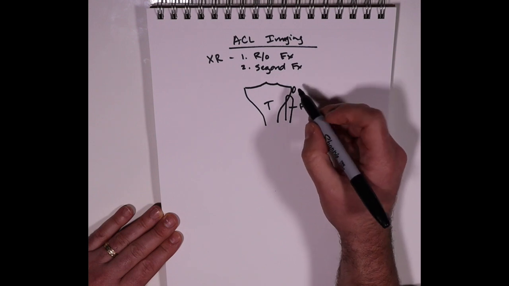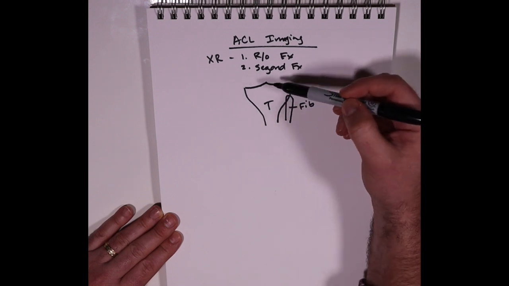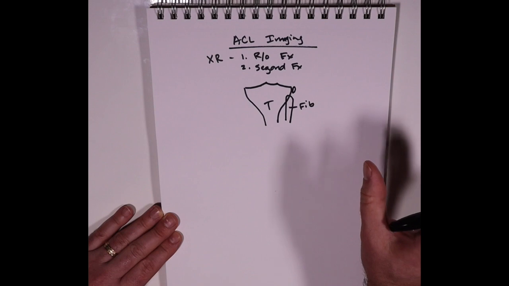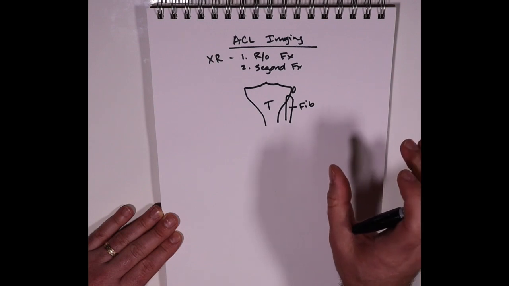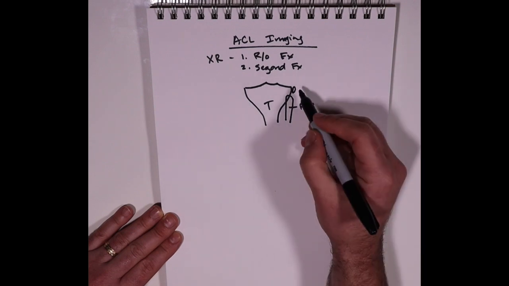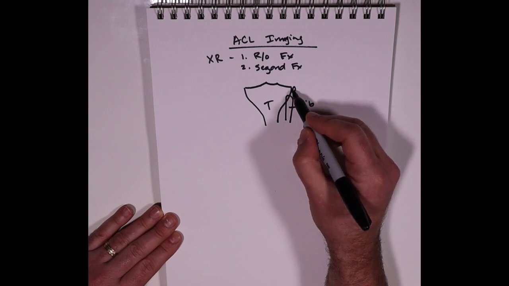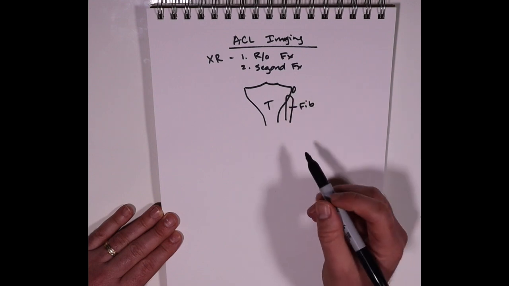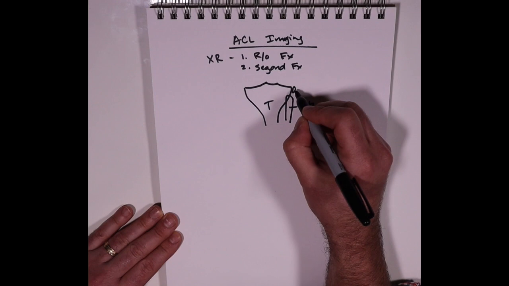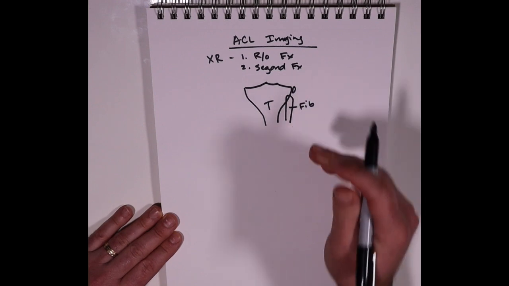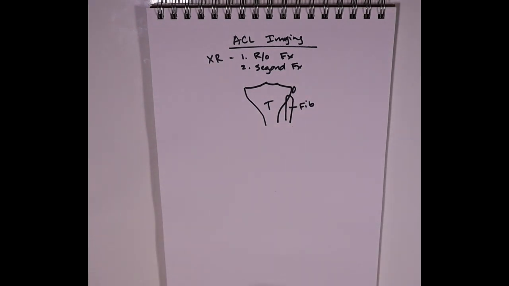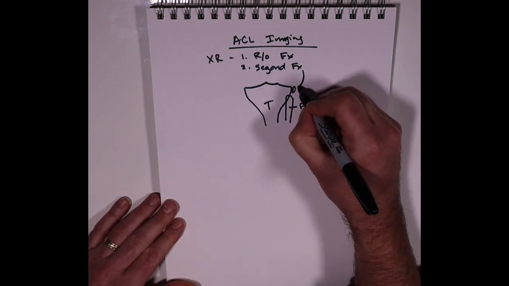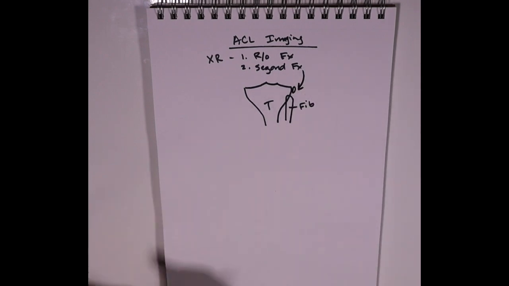And what that indicates is that you've had an ACL tear, and that translation of the tibia anteriorly has caused the capsule to avulse a small piece of bone off the lateral tibia. So you can see that on an x-ray in some cases. And if you see that, that generally is pathognomonic of an ACL tear. So a little Segond fracture, anterior lateral aspect of the tibia.